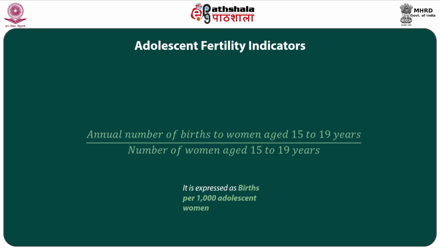That means the numerator is the number of births given by women aged 15 to 19 years in a particular year. The denominator is the total number of women aged 15 to 19 years. This is also expressed as births per 1000 adolescents, or 1000 women who are in the age group of 15 to 19 years.